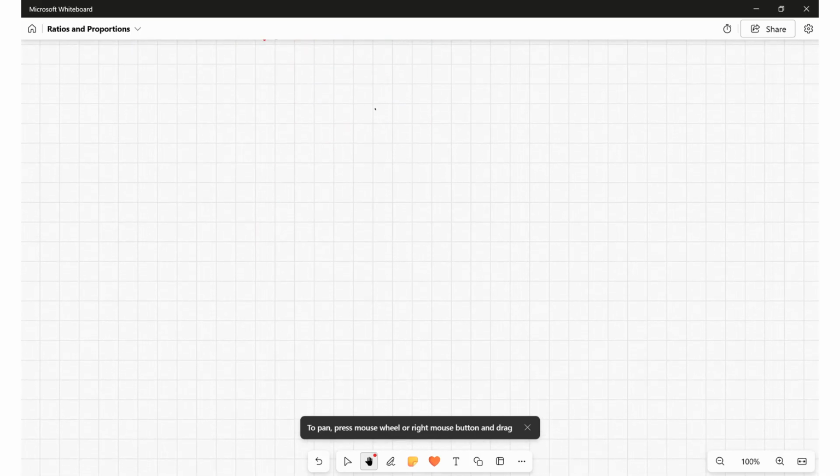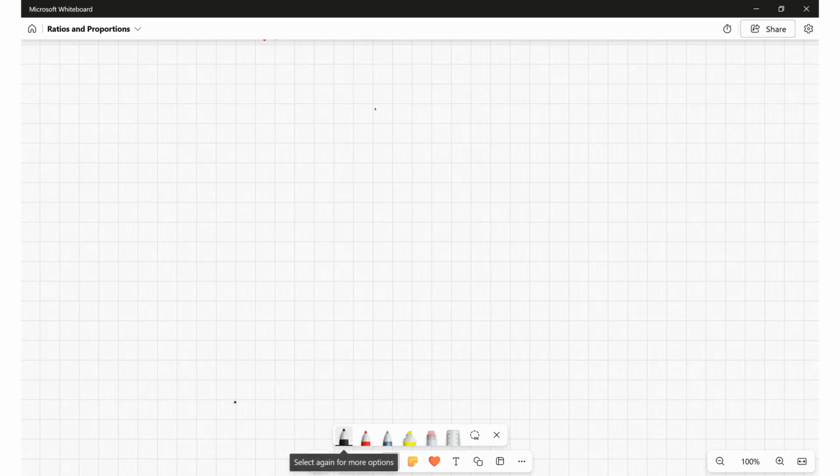So, let's look at some different types of ratios. We could also consider pulley systems. So, we have a pulley ratio.